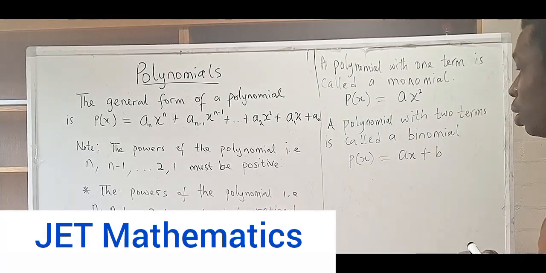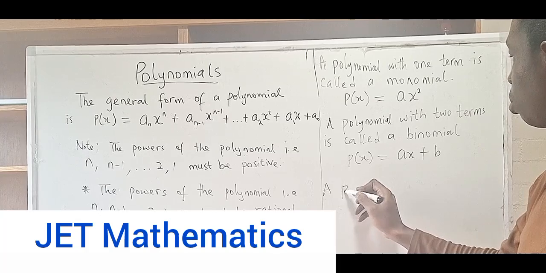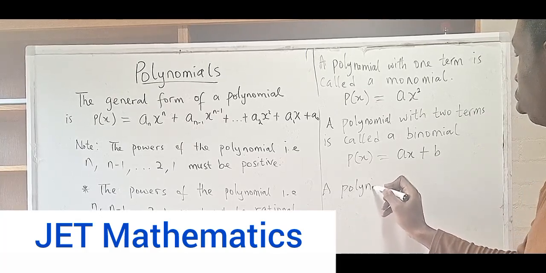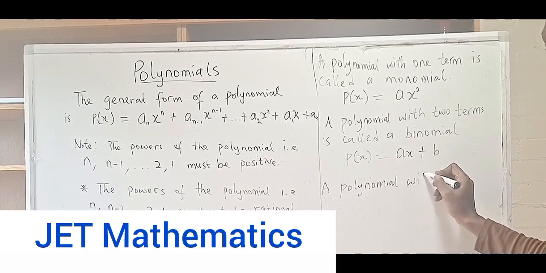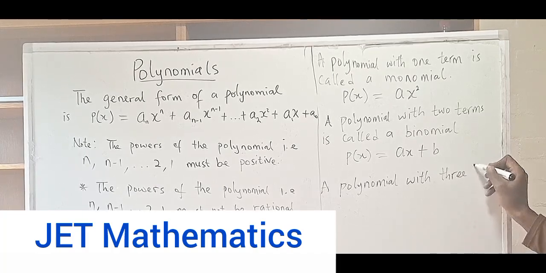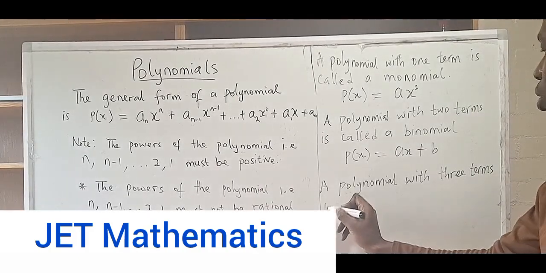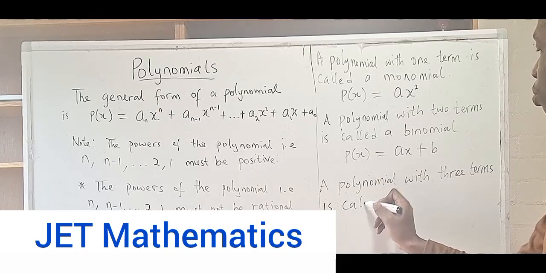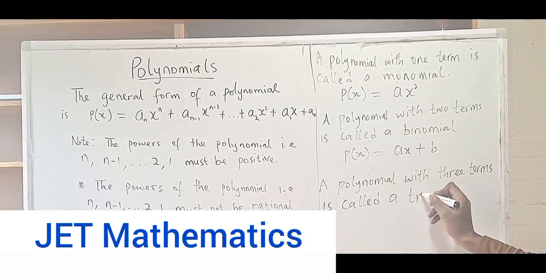The last one I will talk about in this video is a polynomial with 3 terms. A polynomial with 3 terms is called a trinomial.